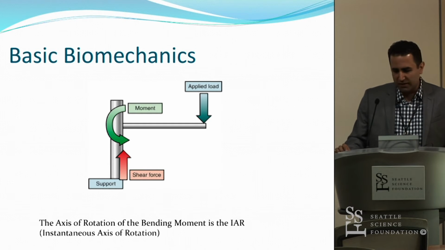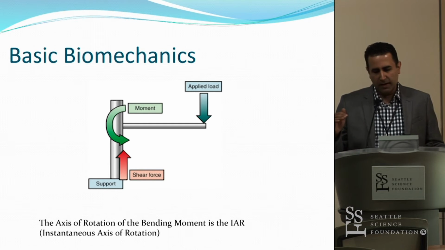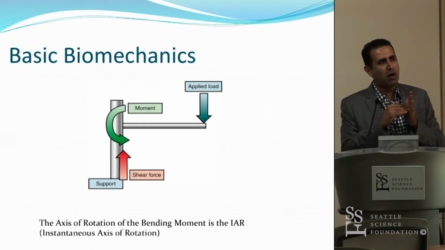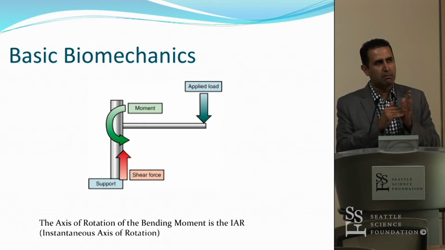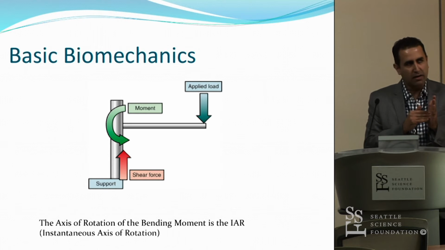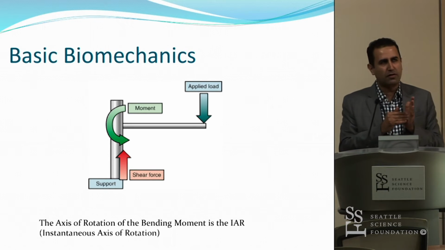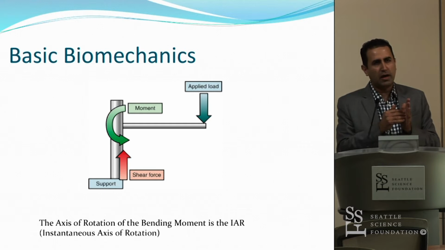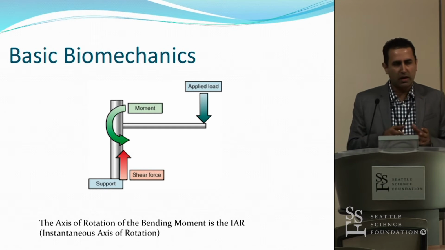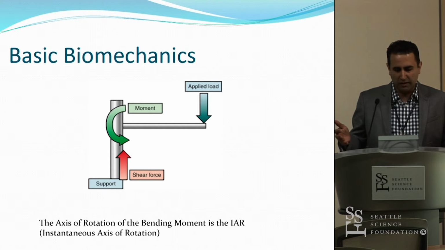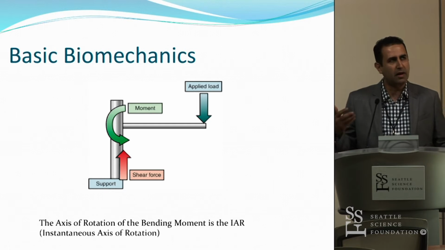So a moment is created whenever there's a lever arm between that longitudinal force of that longitudinal member and the anchor. And there are two typical stresses that are applied. One is the load that increases as we descend down the spinal column due to obviously cumulative load from the skull down and the body weight.